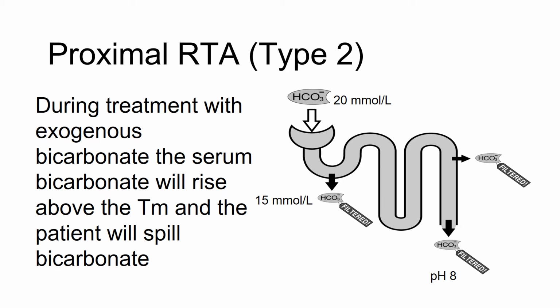The rest, 5, is going to get filtered down into the tubule. The distal is going to keep doing its job like it does, but all the extra bicarbonate is going to get filtered out, and the bicarbonate levels are going to come back to 15 within a short period of time, right?